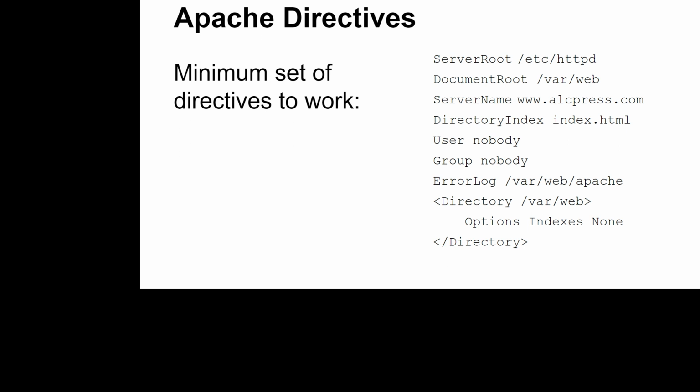Some minimum set of configurations that are required for Apache to even run include the idea of the server root and the document root. Server root is essentially where the Apache binaries and supporting files are located. The document root is where the default website documents are stored.